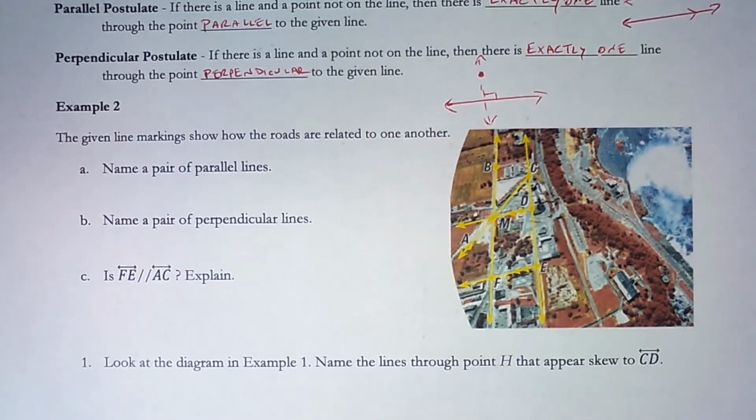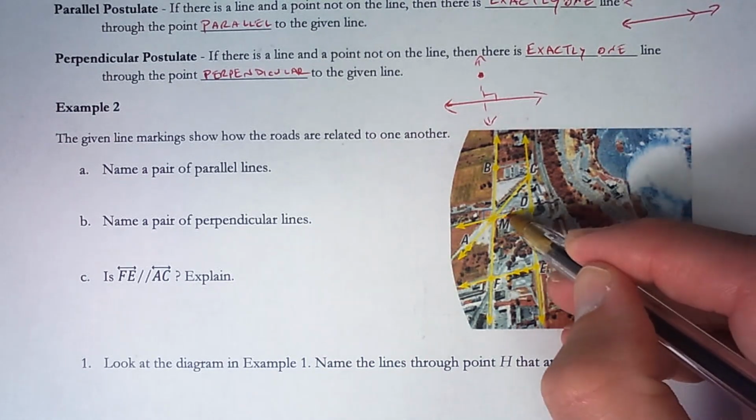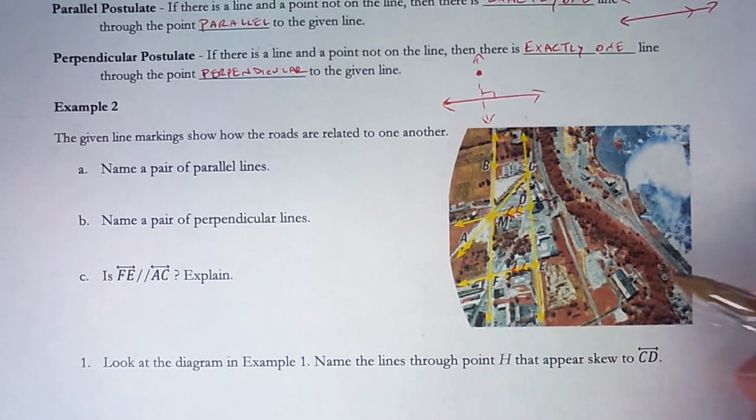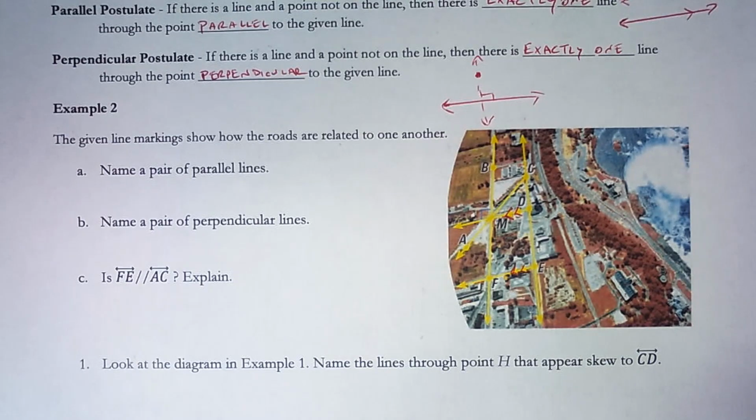In this image, we need to name a pair of parallel lines. I see double arrows here and here. That tells me that those lines are parallel.